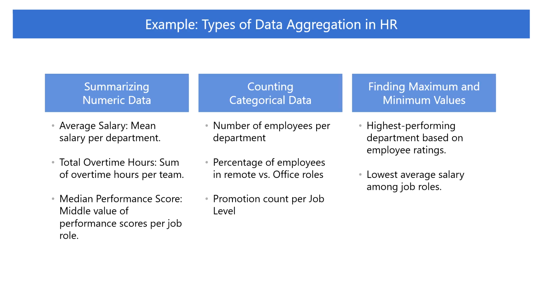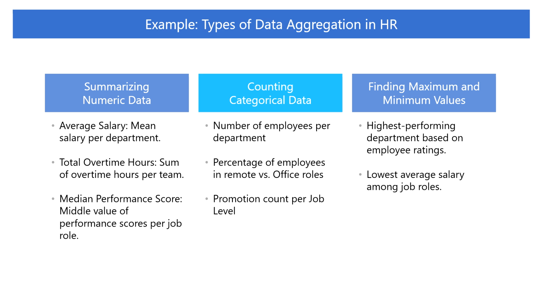Let's see some types of aggregation using an example of human resource analytics. First, aggregation is commonly used to summarize numeric columns such as mean salary per department, sum of overtime hours per team, and median value of performance scores per job role.